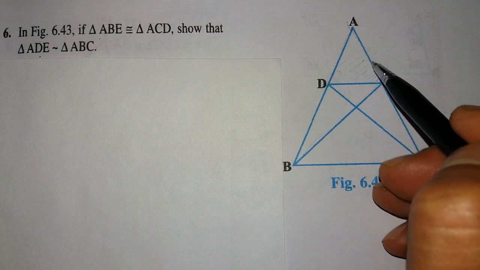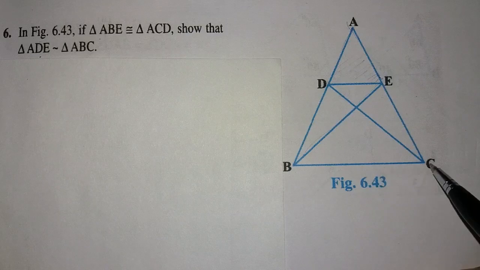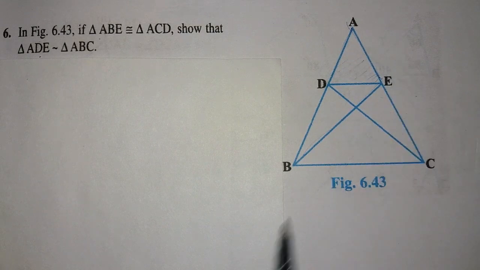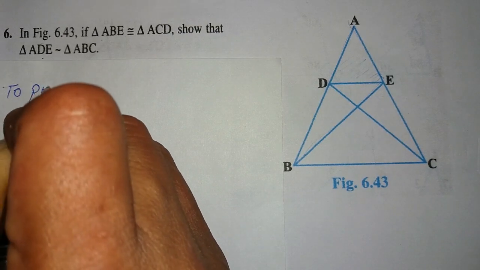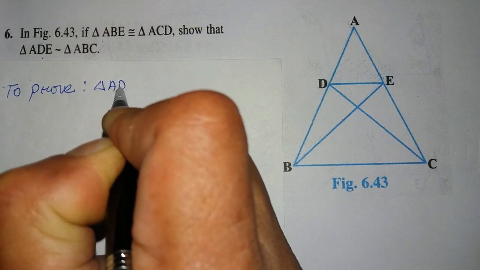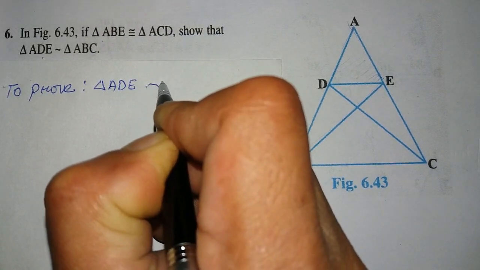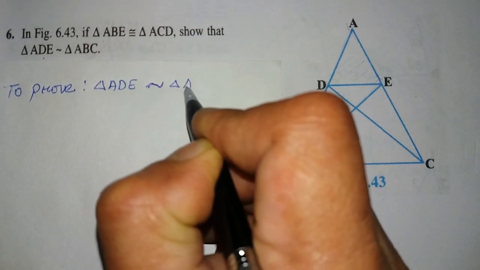ADE is the small triangle up here, and ABC is the whole big triangle. Now what we're going to prove is triangle ADE is similar to triangle ABC.